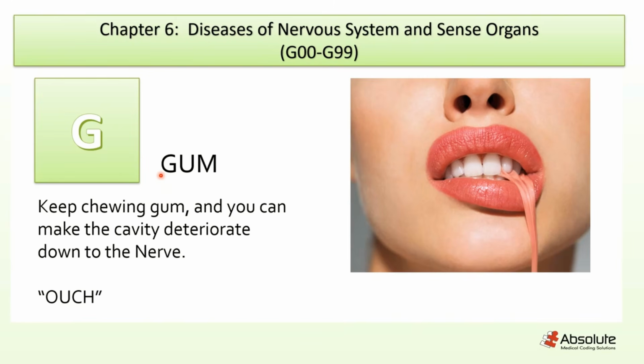See where I'm going? Think of nerves, think of G, the letter G, and G is for gum, causing the nerve pain. Ouch. All right, let's move on to Chapter 7.